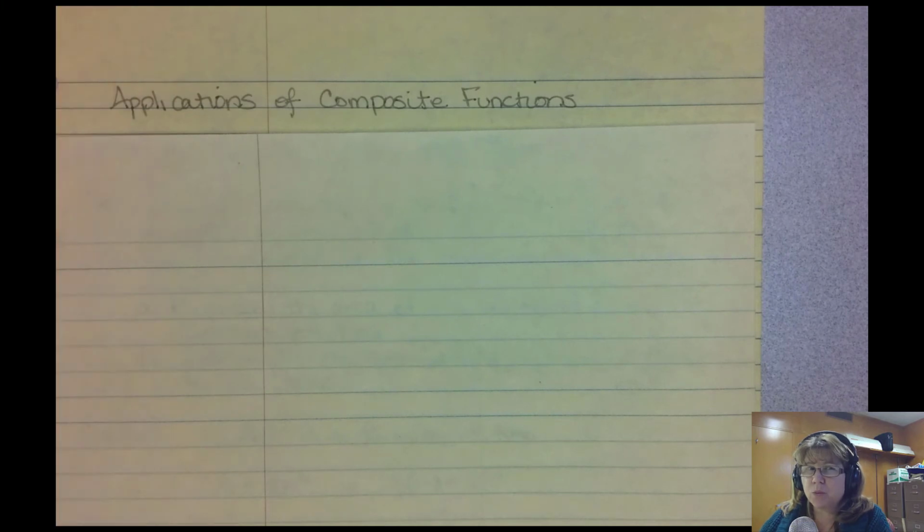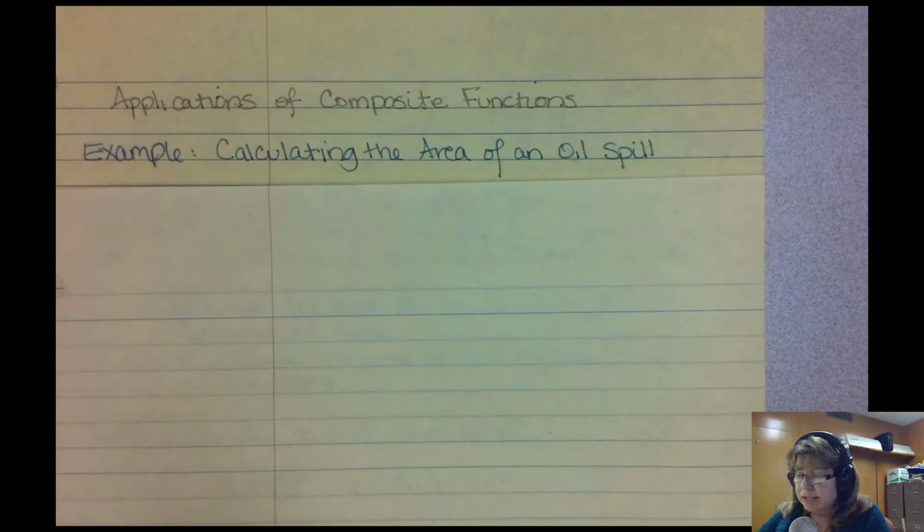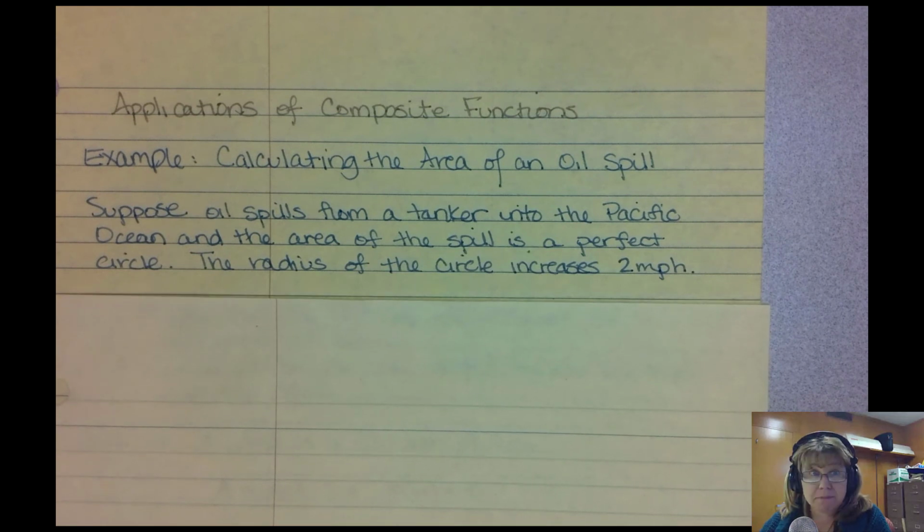Let's run through really quickly a couple of applications of composite functions. So let's calculate the area of an oil spill, but this is going to be based on time. Let's suppose an oil spill from a tanker is flowing into the ocean. The area of the spill is a perfect circle, but the radius of the circle increases 2 miles per hour.